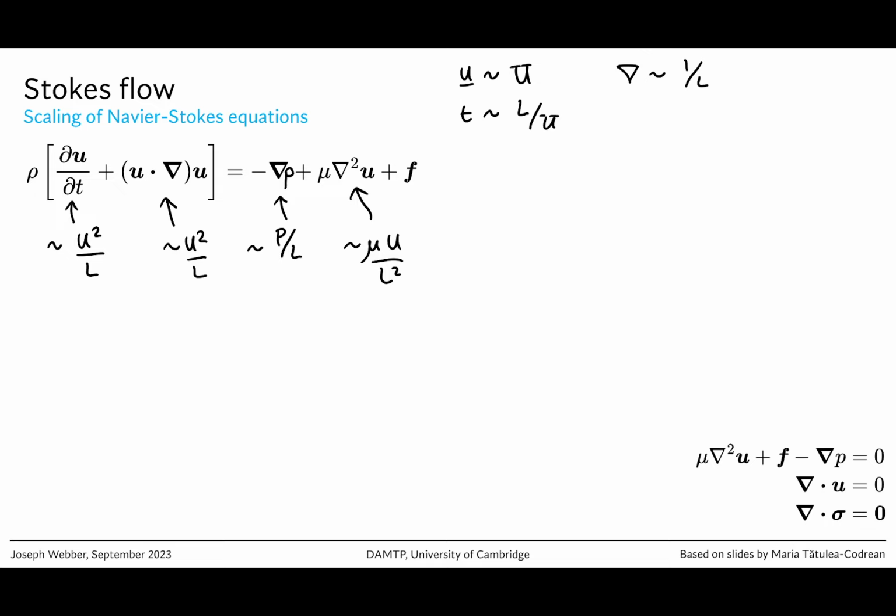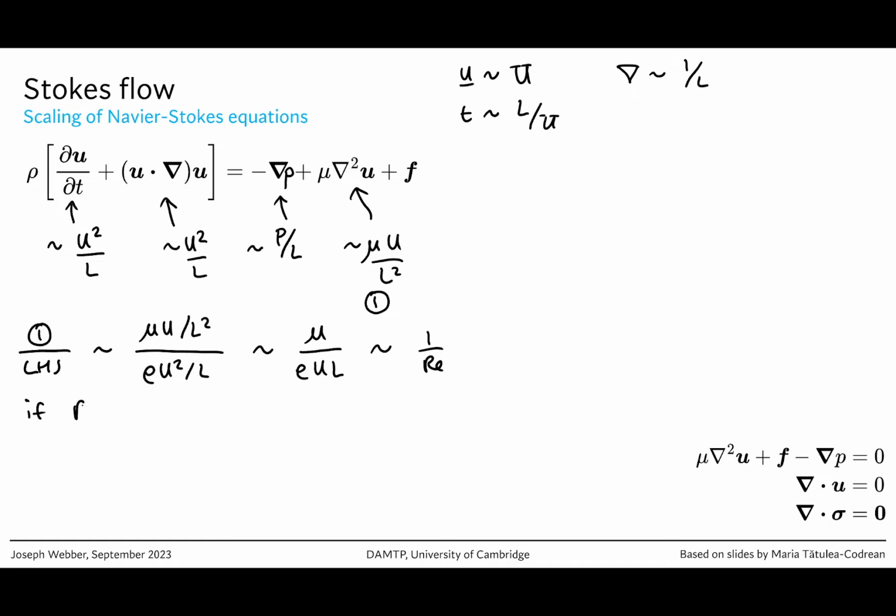But let's consider the ratio of the viscous term to the left-hand side terms. So this scales like mu U over L squared, all over rho U squared over L. If we simplify this down a bit, we get mu over rho U L. Okay, this is just going to be 1 over the Reynolds number.